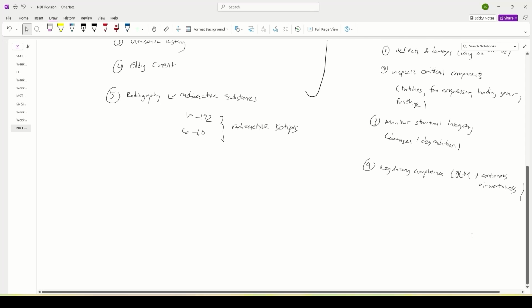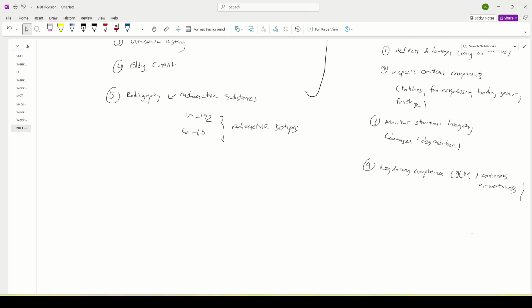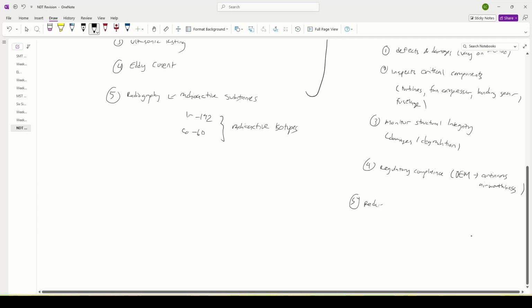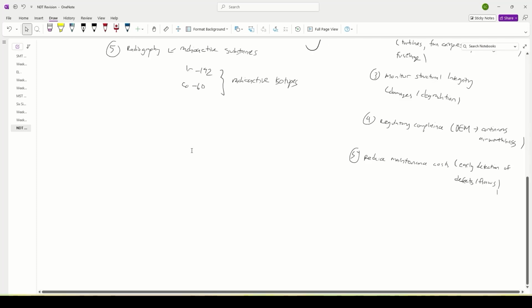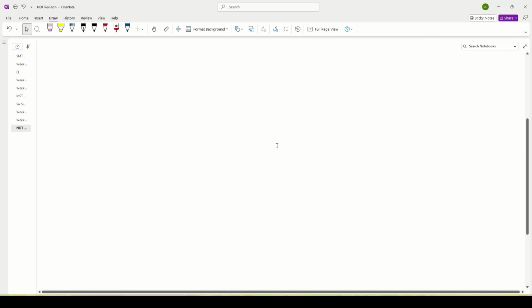A car has to be land-worthy, a boat has to be seaworthy, therefore an aircraft has to be airworthy. So it also helps to reduce maintenance costs because NDT allows early detection of defects or flaws. This is basically the why we do NDT.